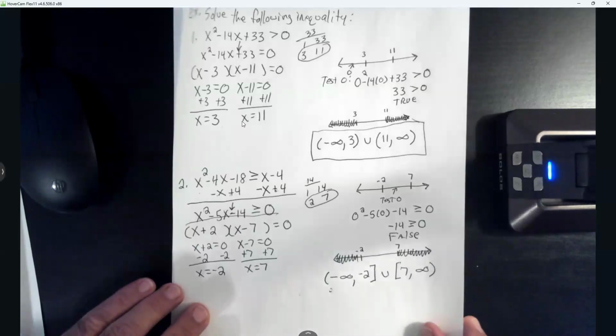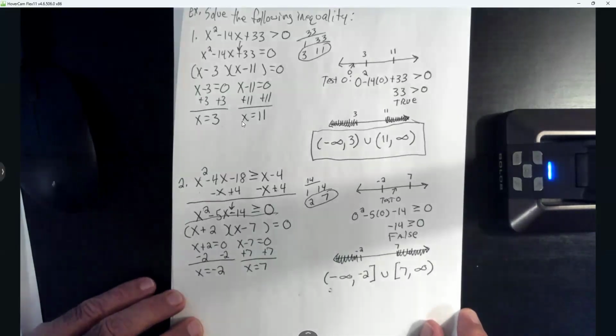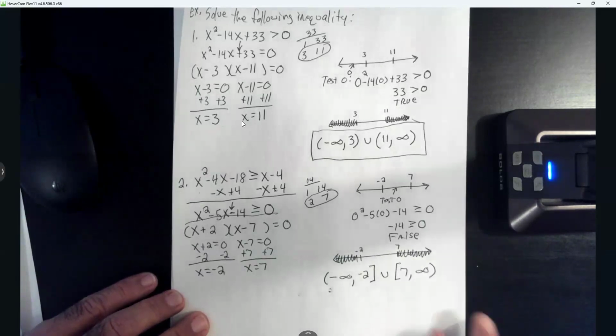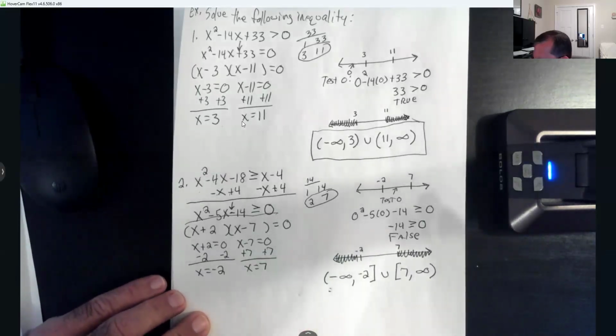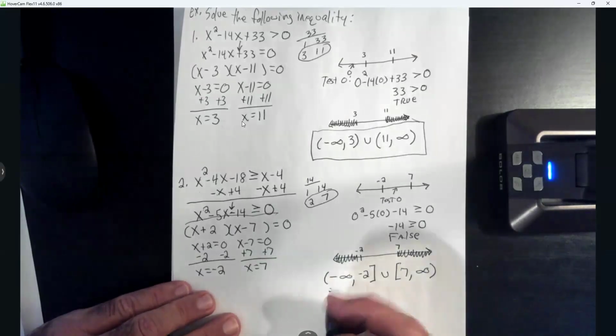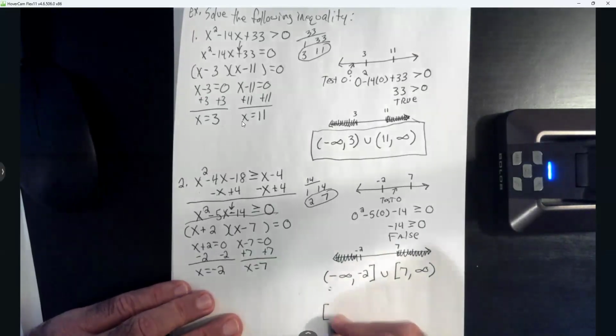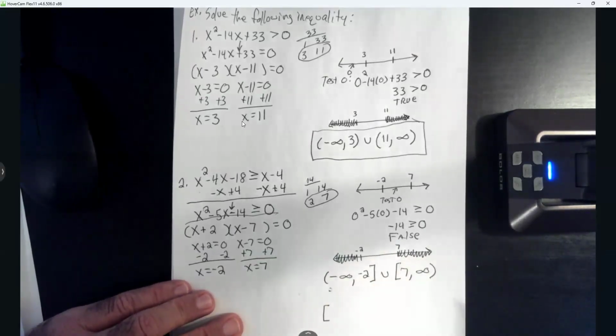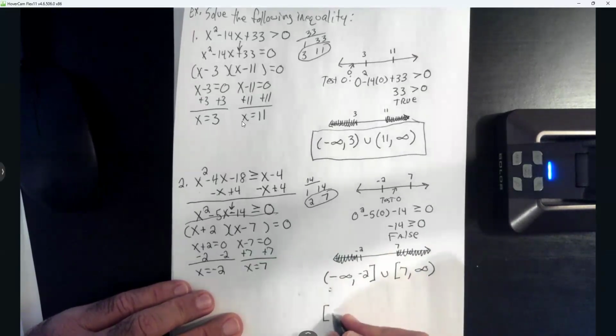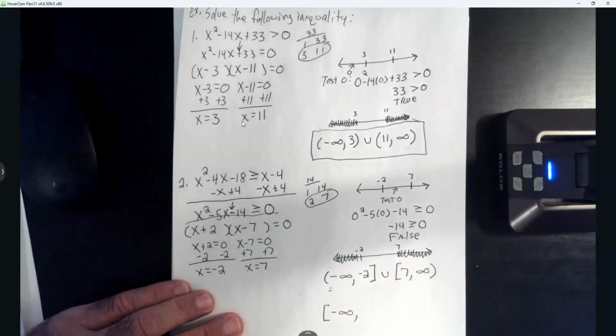Will there be a time where you would put a bracket and then the negative infinity to -2 instead of a parenthesis? Say again now? Will there be a time where you do like your bracket instead of doing the negative infinity to -2 for this?